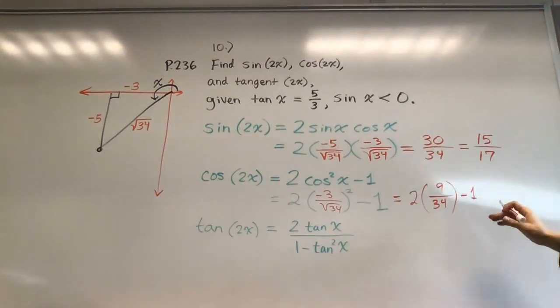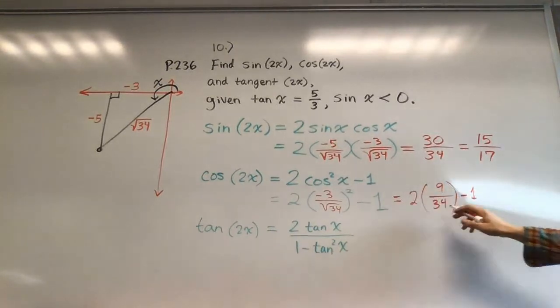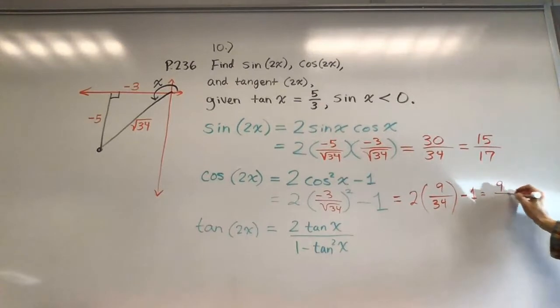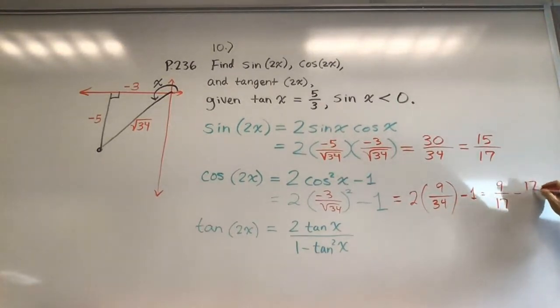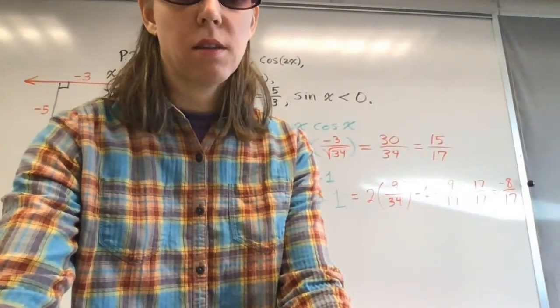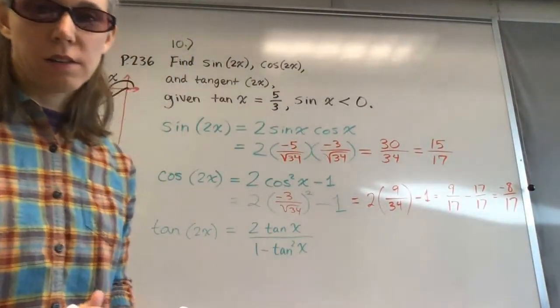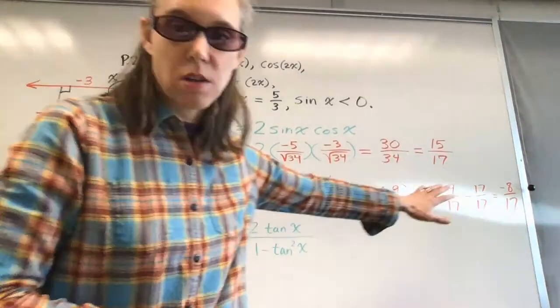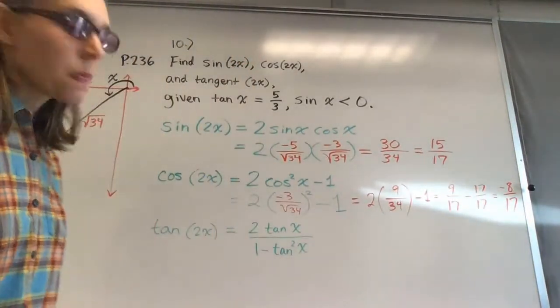This further simplifies. You have 2 and 34 reduced, so that's 9 over 17 minus 17 over 17, which is negative 8 over 17. And it occurs to me that you probably can't see that. So there you go. Oh, and then the glare is there. Anyway, that simplifies to negative 8 over 17, which I think you can mostly see there.